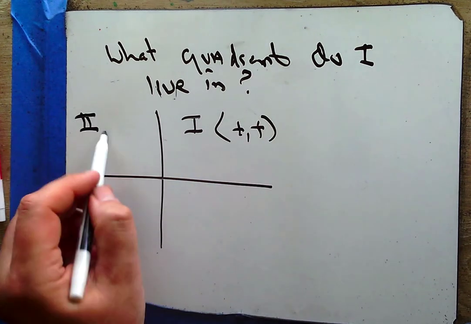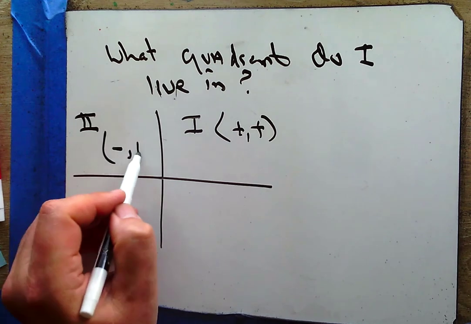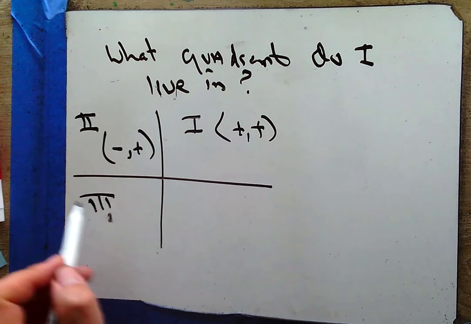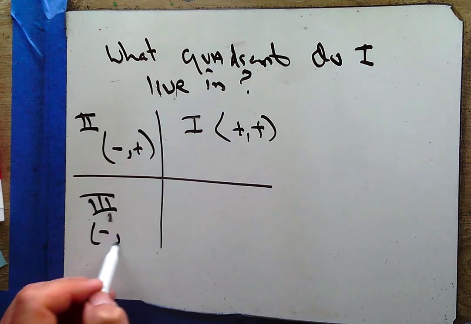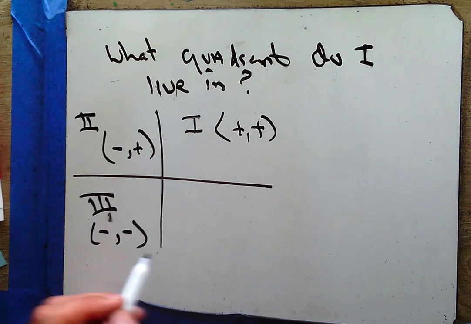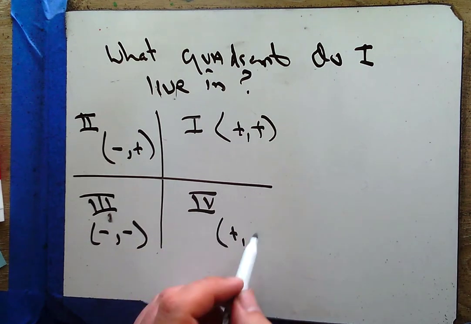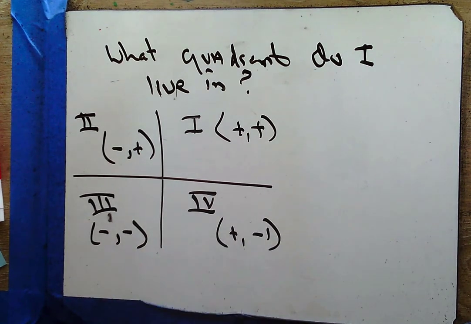And in second quadrant, we have negative x's but positive y's. In third quadrant, we have both negative x's and negative y's. And in fourth quadrant, we have positive x's again, but still have negative y's.